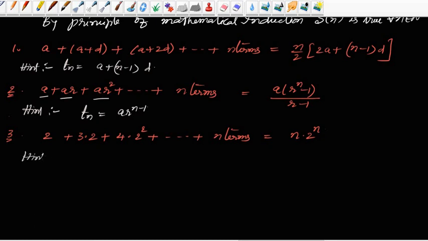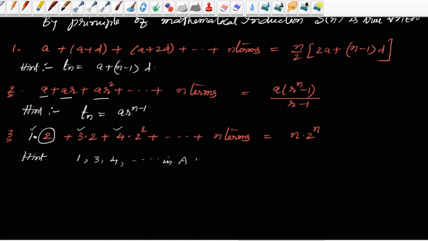In this problem, observe here, every term has the product of two terms. So here this one contains only one term, so this can be written as 1 into 2. Now the first products are 1, 3, 4. You can observe that 1, 3, 4 is in arithmetic progression.